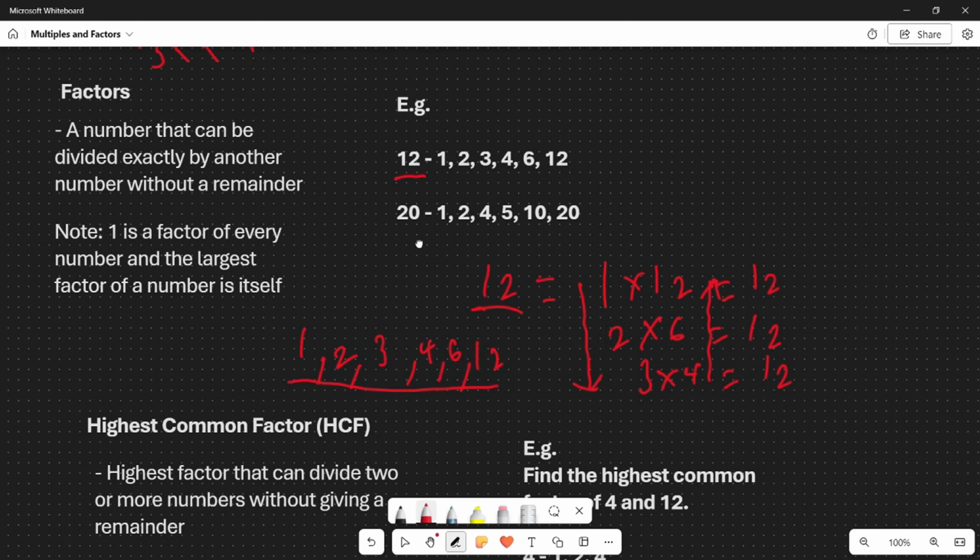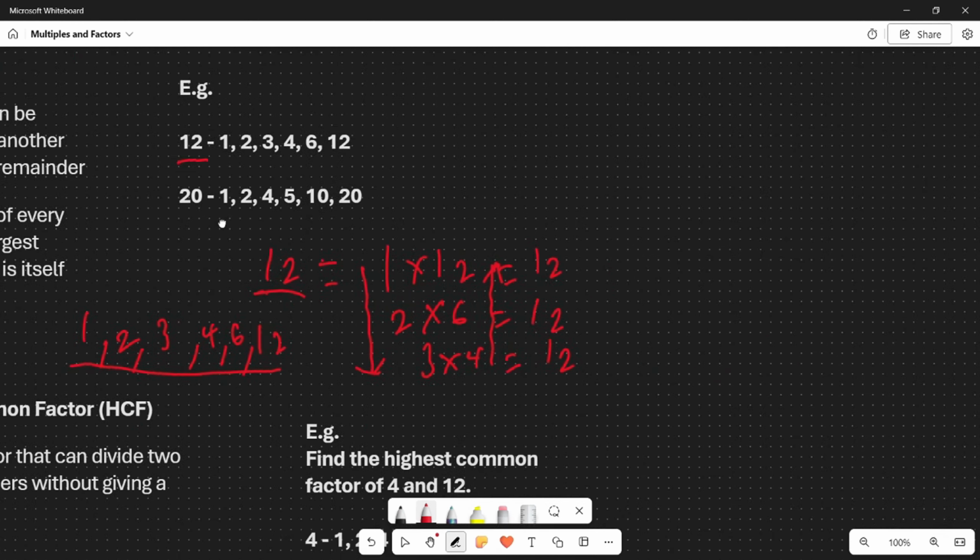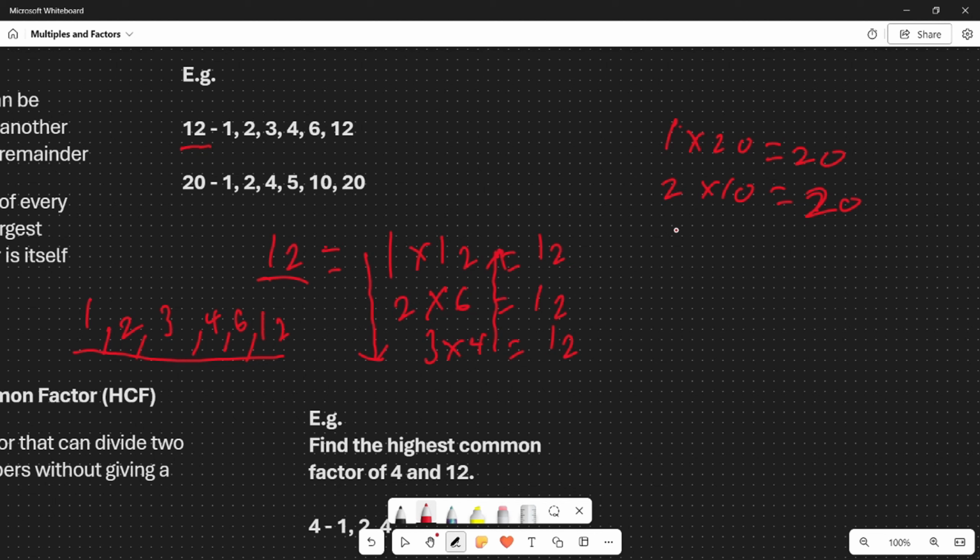And so the same thing can occur with 20, in the sense that 1 times 20 equals 20, 2 times 10 equals 20, 4 times 5 equals 20, and again 5 times 4 equals 20.